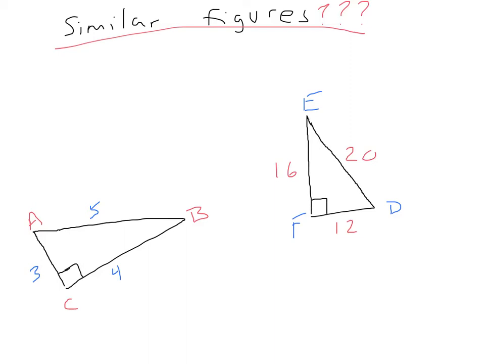Okay, so it looks like AC corresponds with FD. Cool. What does that mean, though? That means 3 must match up with 12.